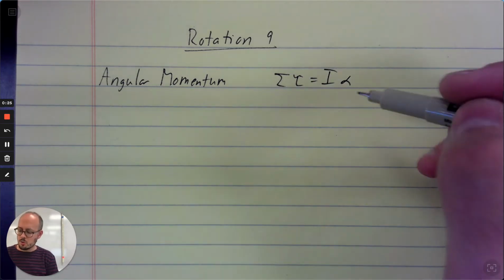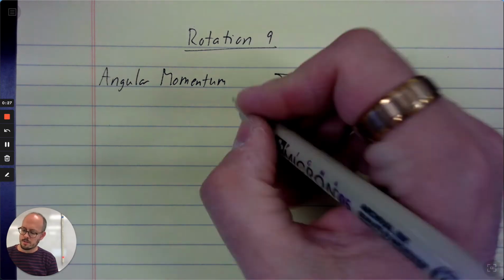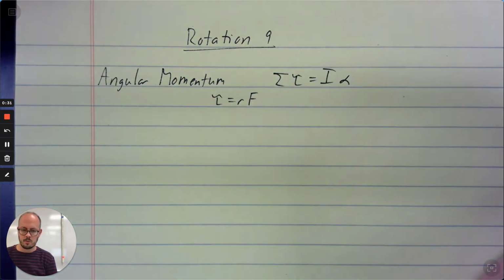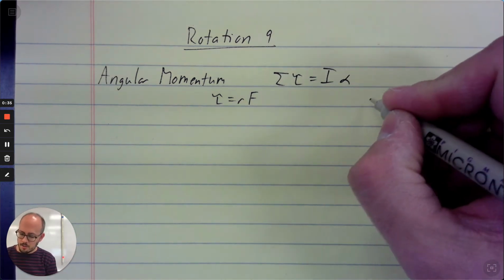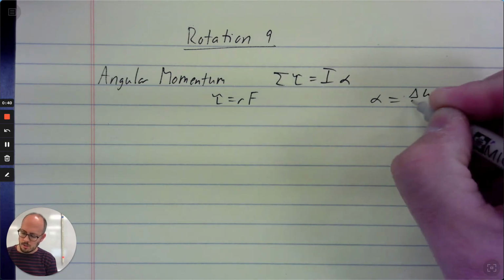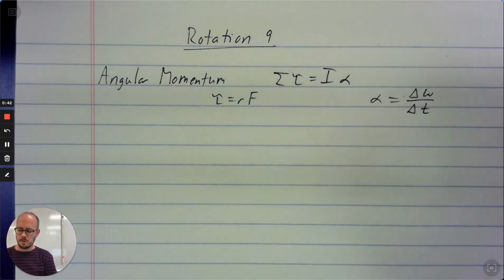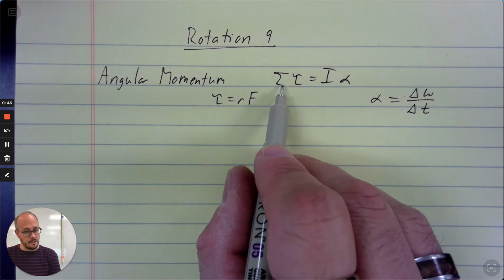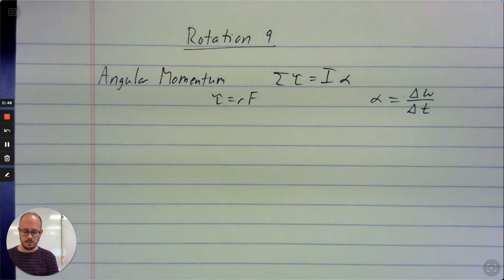So we're going to use two equations here. We're going to say that torque is equal to R times F. So we'll imagine a single force is causing a torque. And the definition of angular acceleration, which is change in angular velocity over time. And so we'll imagine that the net torque is due to a single force that's causing a single torque.